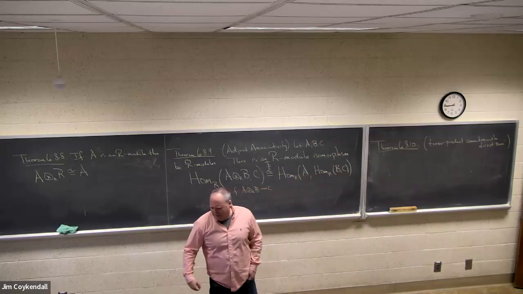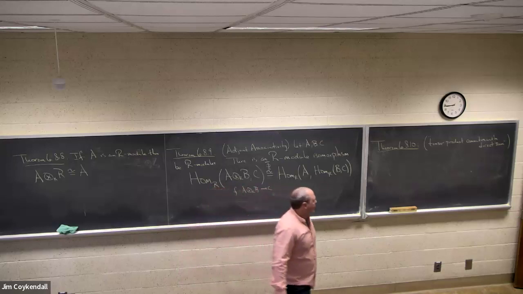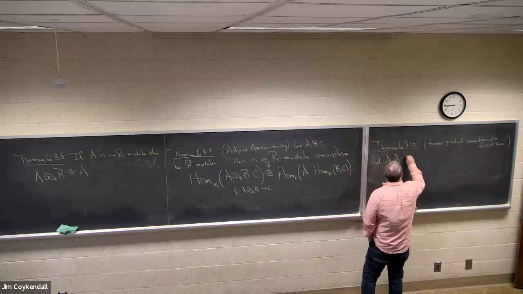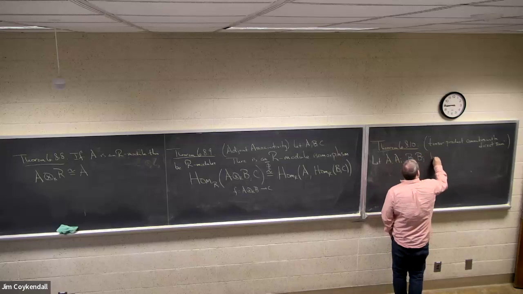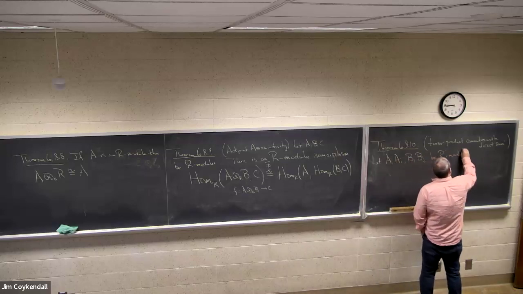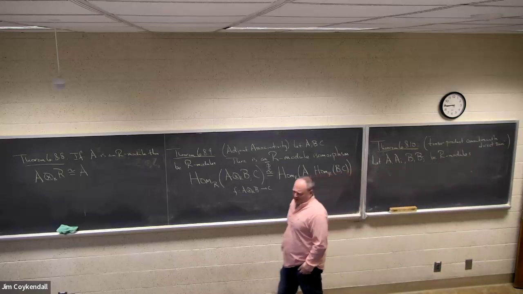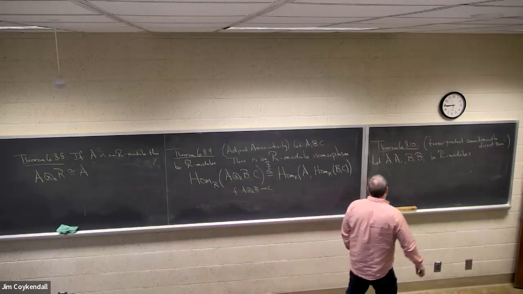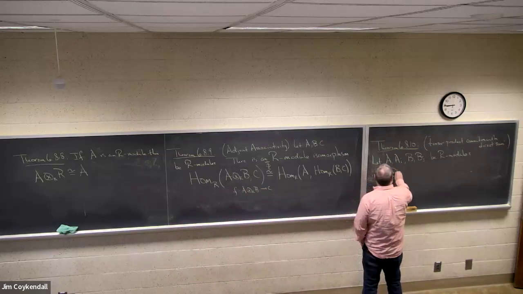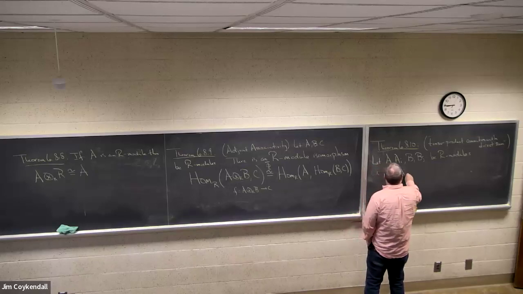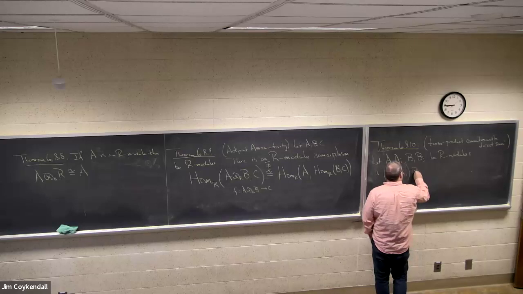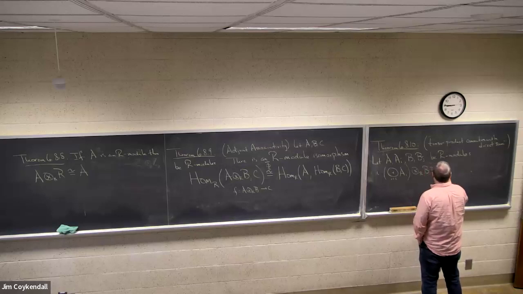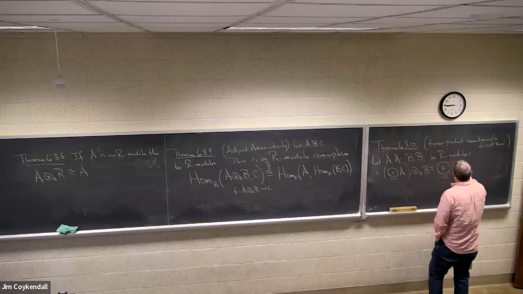Let A and A_i, B and B_j be R modules. I've got this big collection of R modules. Number one, the direct sum over i in I of A_i, tensor B, is isomorphic to the direct sum over i of A_i tensor B.